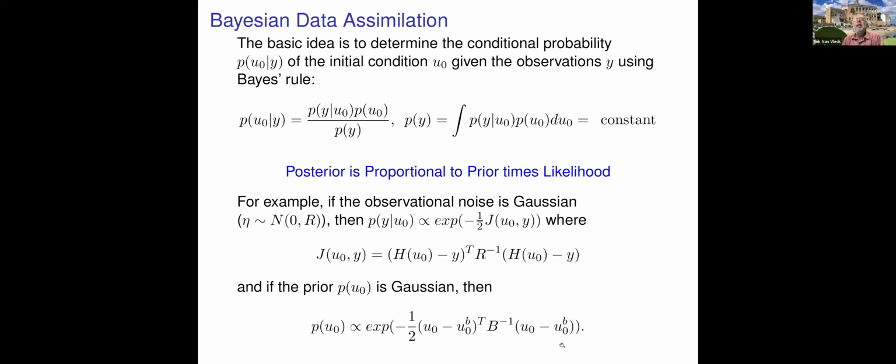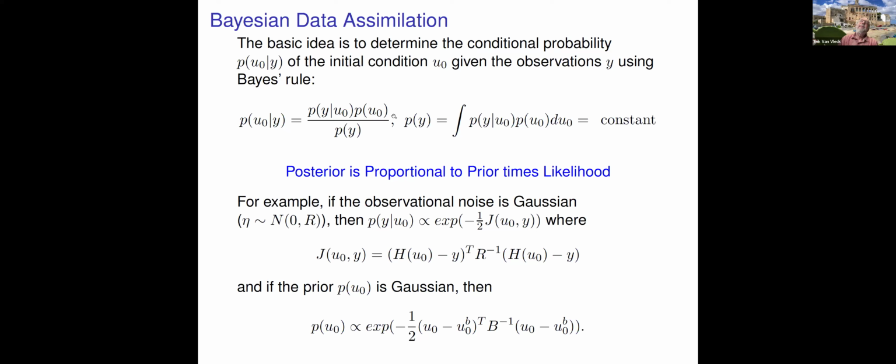Okay, so the basic idea behind a lot of data assimilation techniques is to apply Bayes' rule. Bayes' rule says that the posterior is proportional to the prior times the likelihood. In this equation, we want to get this posterior distribution, the conditional of u_0 given the observed variable y, as the likelihood times the prior.